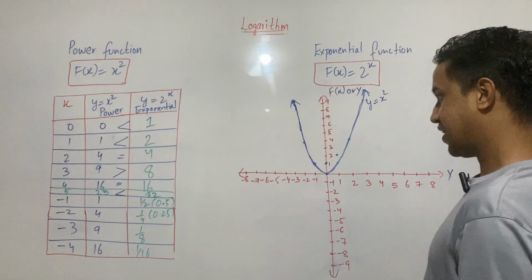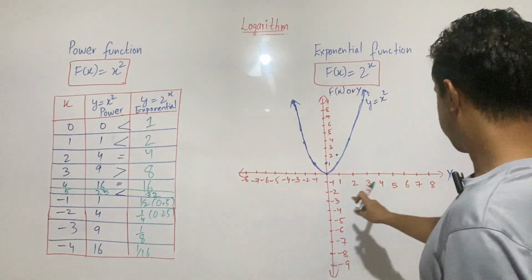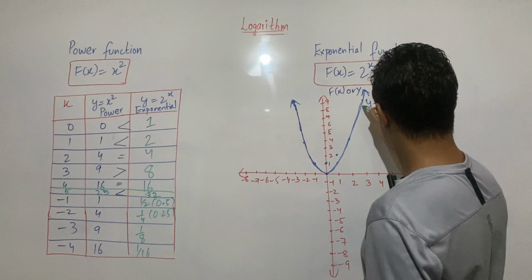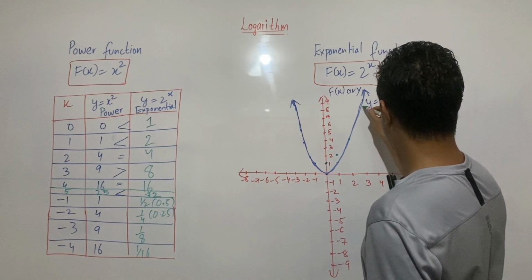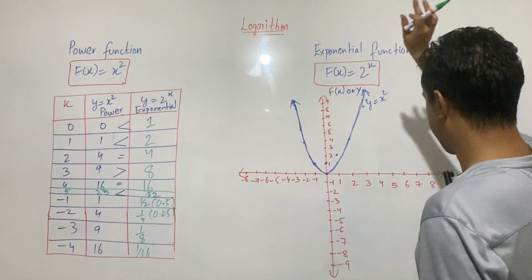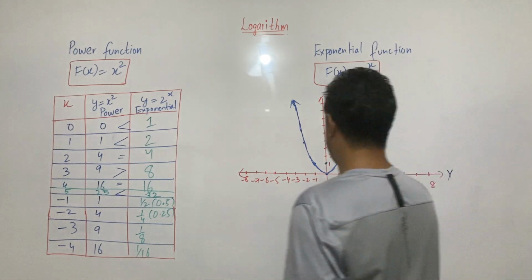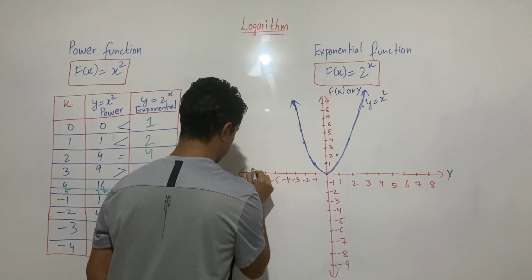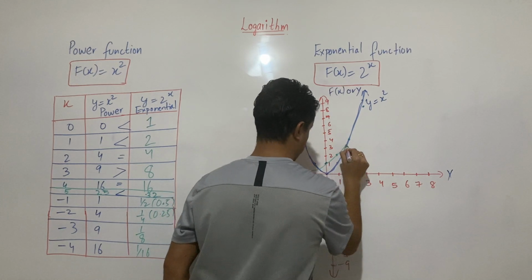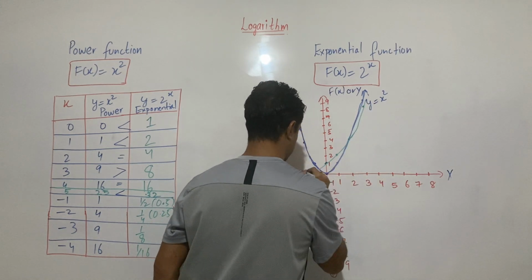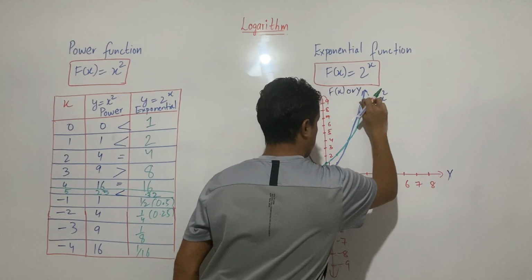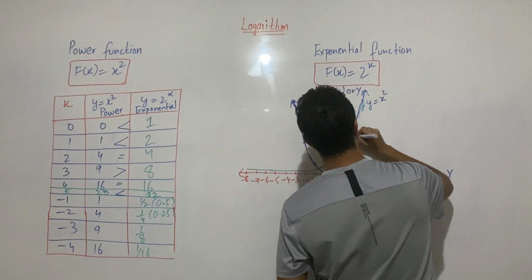Then 3, 8, this point. And then 4, 16. So it will look something like this.